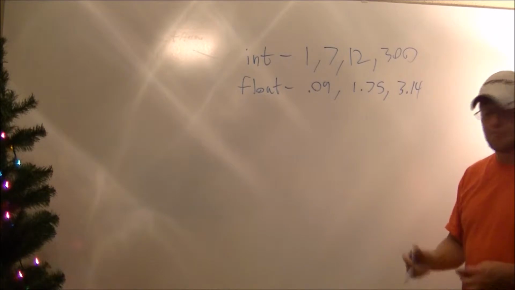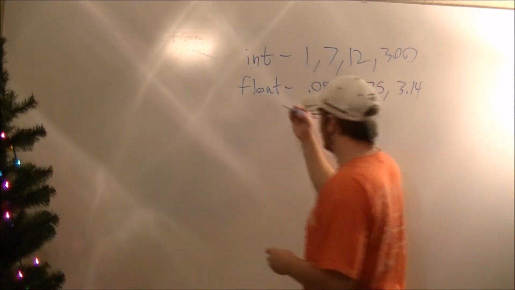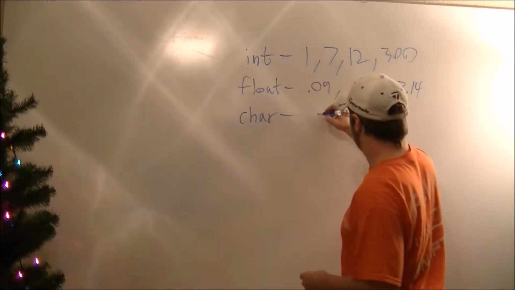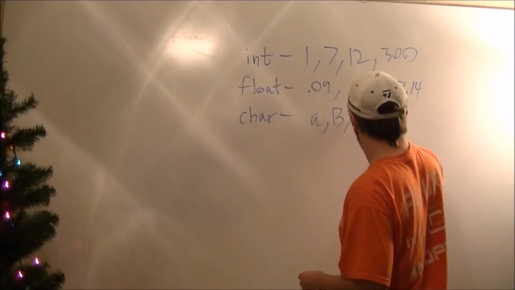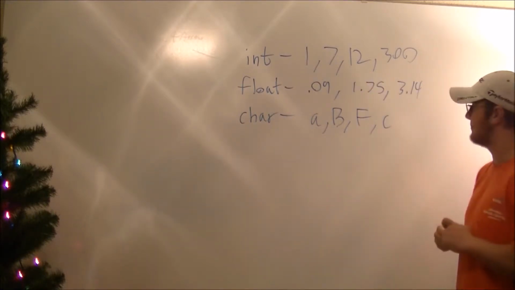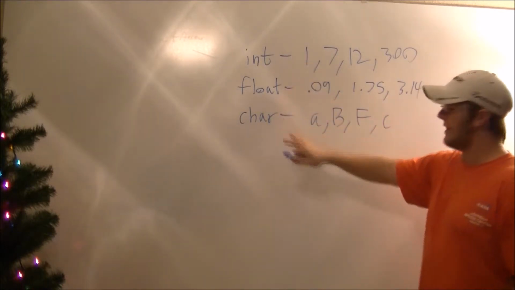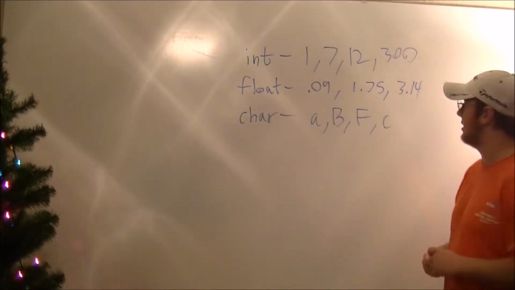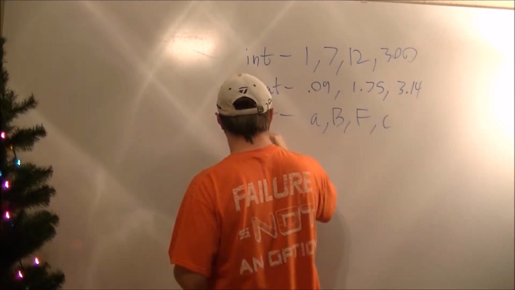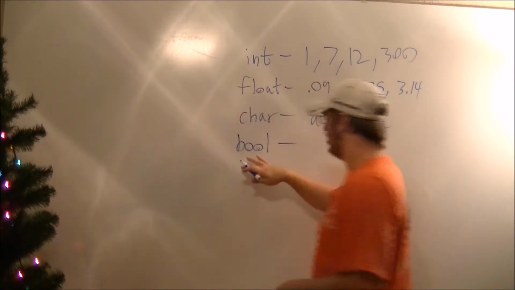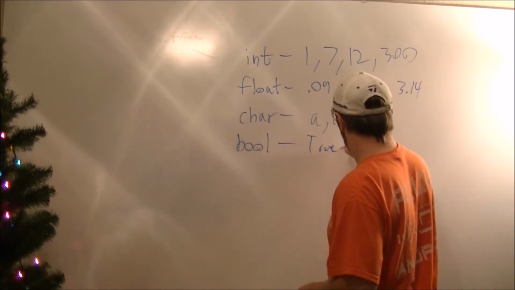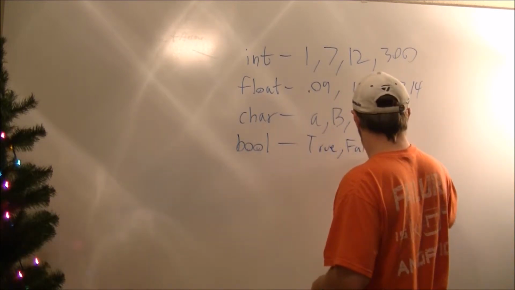You get the idea. Floating point numbers. Also, you're going to have char, which stands for character, and this you can have A, B, F, C, just characters like that. So it's pretty straightforward. And then the last one that is a little less obvious, if you don't know any type of coding, is bool for boolean, which basically is just true or false.